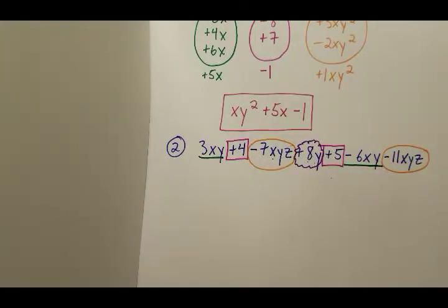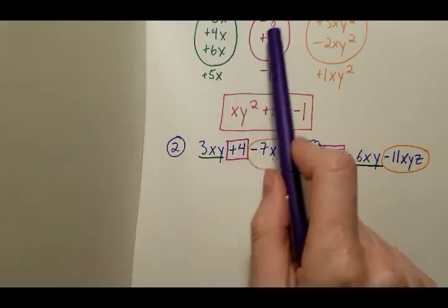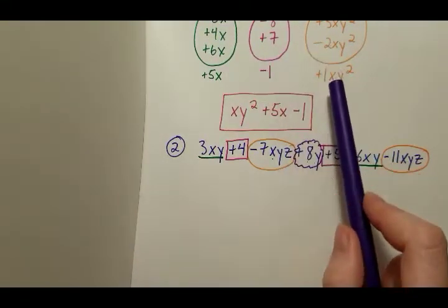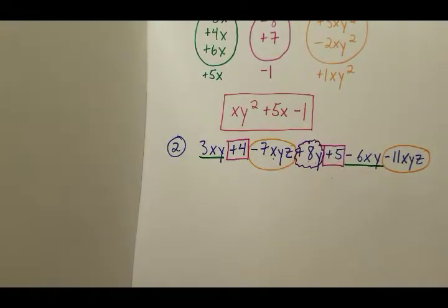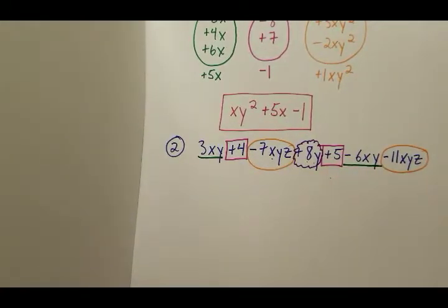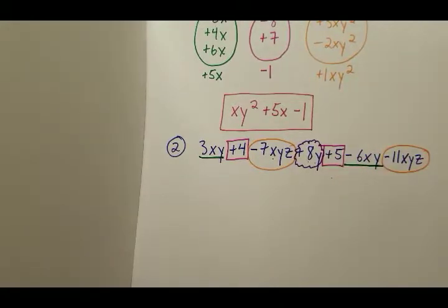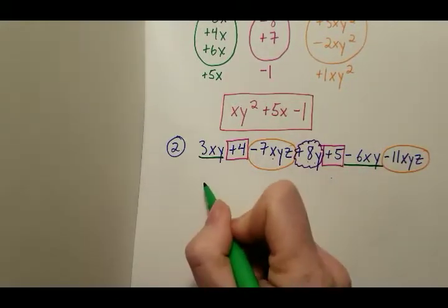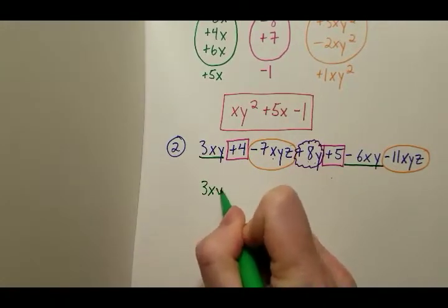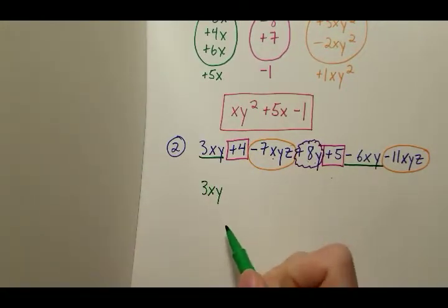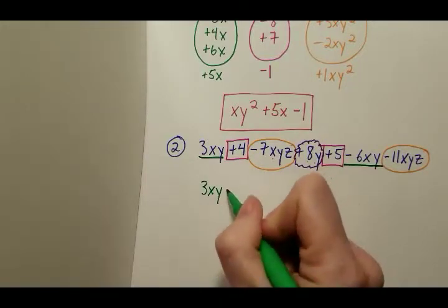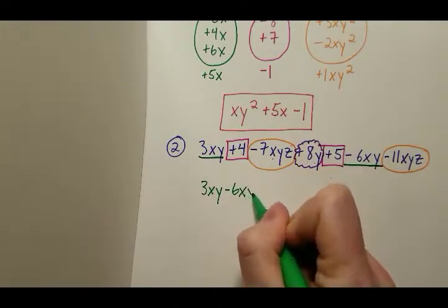Okay, so just like we did before, we need to group those things. If it helps you to put them in groups like we did in the last problem, you can do that. I'm going to show you the shortcut that you might start taking once you become more comfortable with this. I'm just going to write in a row using the commutative property that says the order of addition doesn't matter. I can move these terms together.